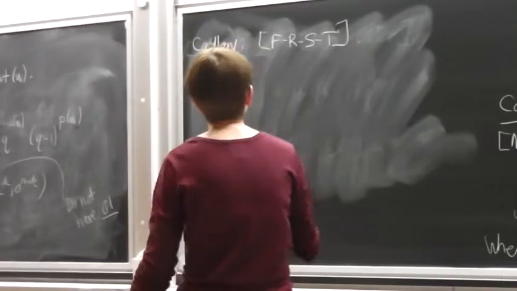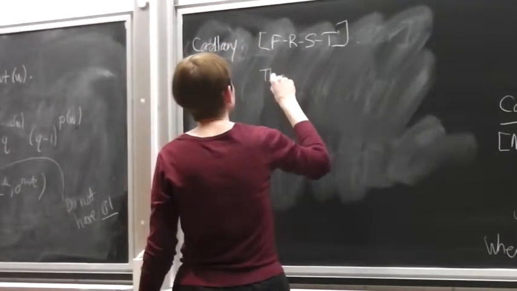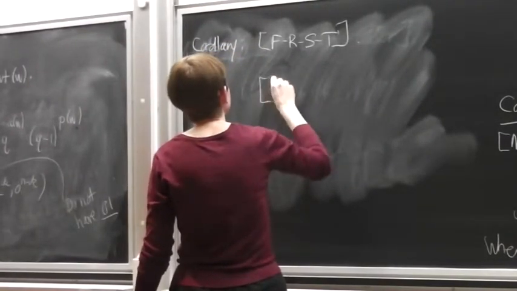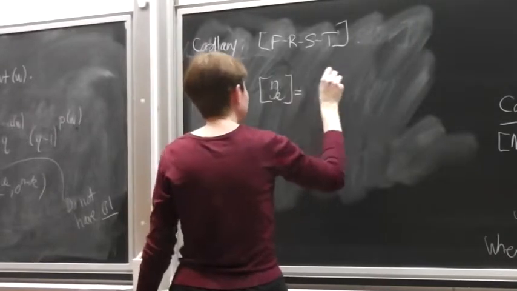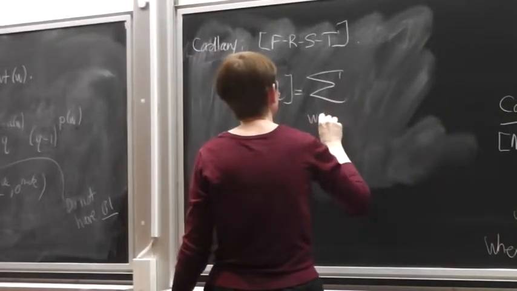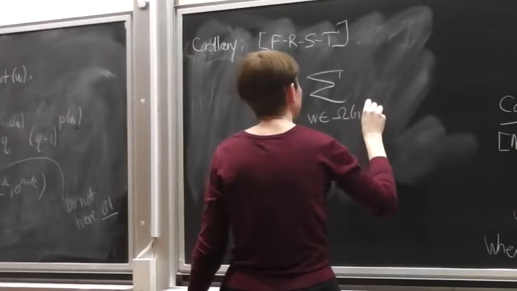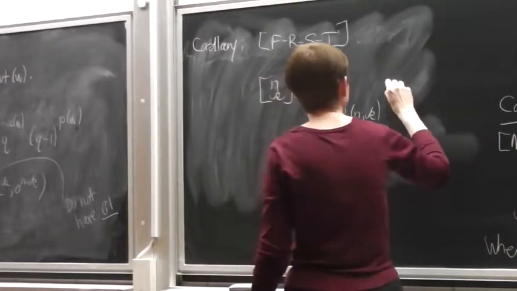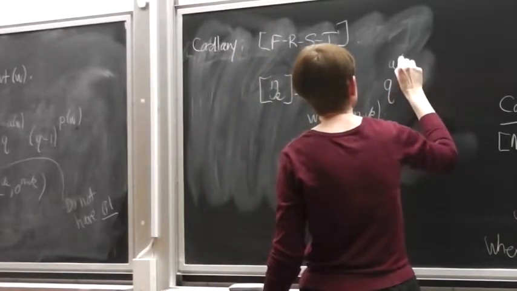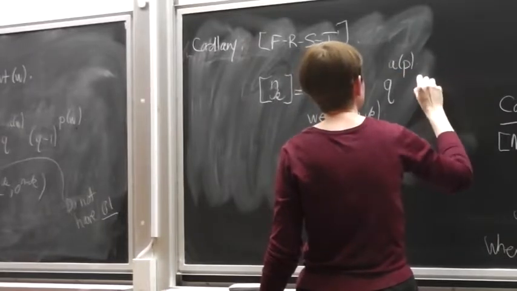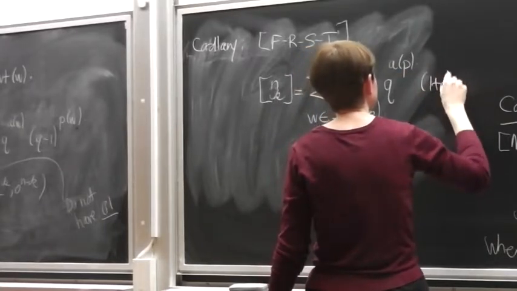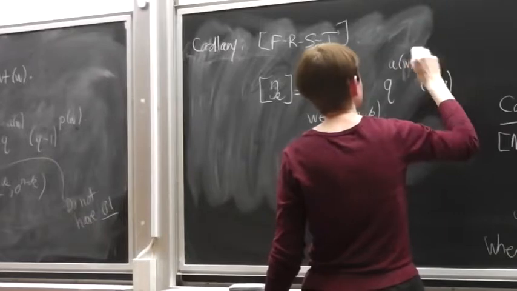Okay, so then they say the q-binomial can actually be written as the following. Again, summing over the subset, q to this A statistic, and then 1 plus q to this P statistic.